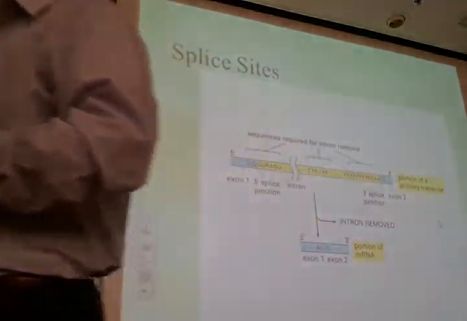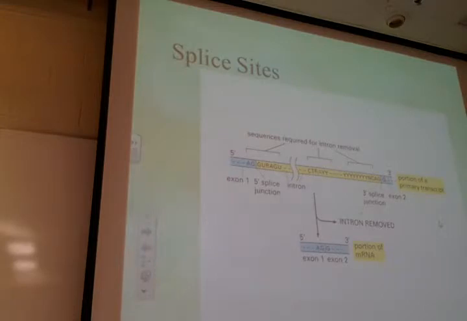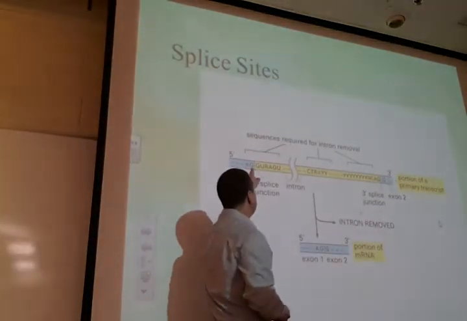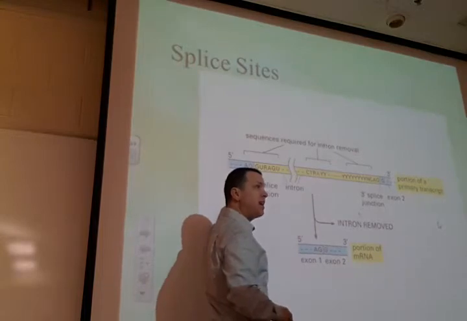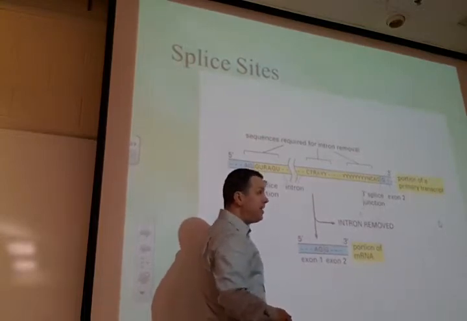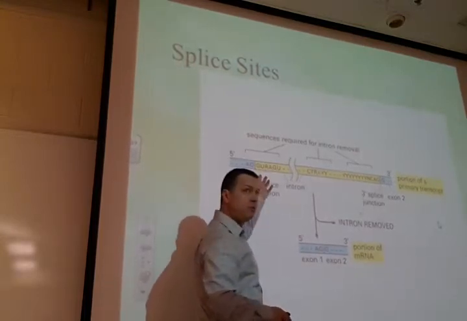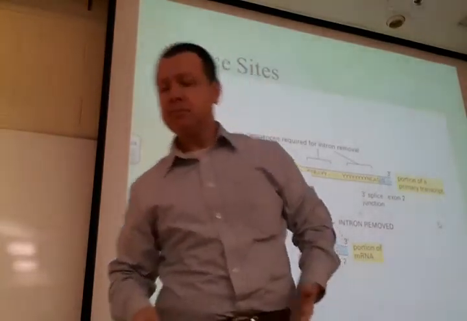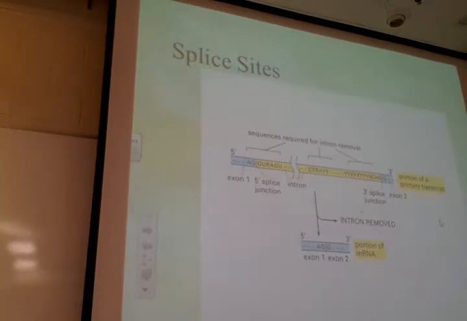Remember that from last week when we looked at the genetic code. If we don't cut these introns exactly correctly, then we're either going to cut out a piece of the exon, that would be bad, or leave in a piece of the intron, also bad, because it would mess up the reading frame of the whole gene. So these introns have to be spliced out absolutely perfectly every single time.